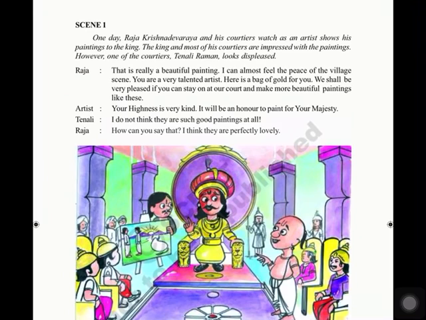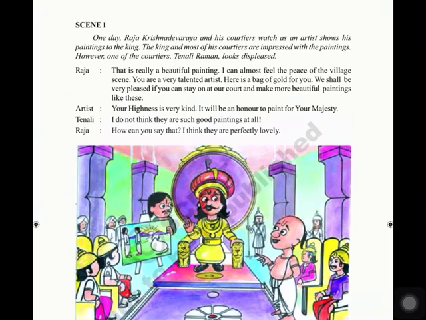So one day what happened? An artist has come to Krishnadevaraya's empire. So he has started showing his paintings to them. The king and most of his courtiers are impressed with the paintings. However, one of the courtiers, Tenali Raman, looks displeased. So what happened? The artist started showing his paintings.